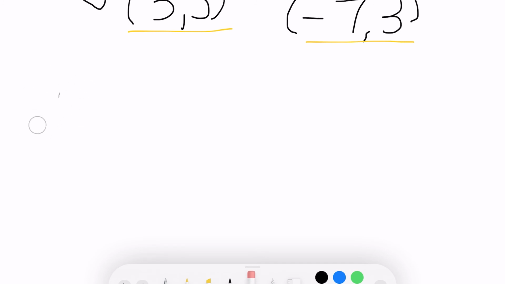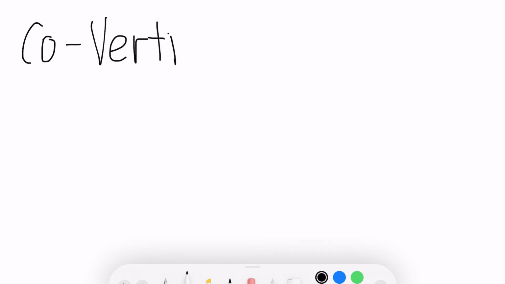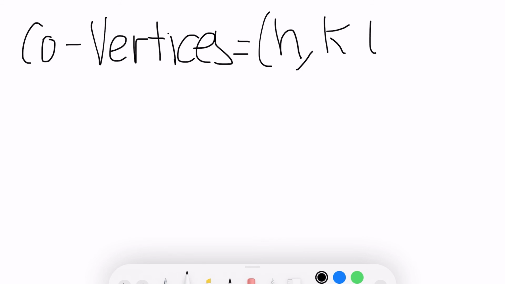Now we're solving for the co-vertices. The formula is h comma k plus or minus b.